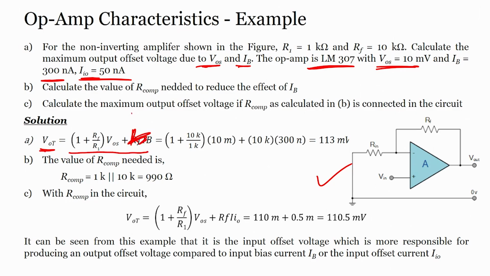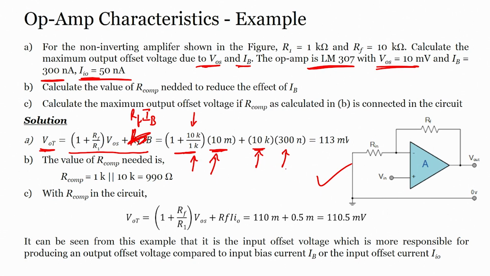If I substitute the values, (1 plus 10 by 1) into 10 millivolts, this is VOS, plus RF, which is 10 kilo ohms, into IB.